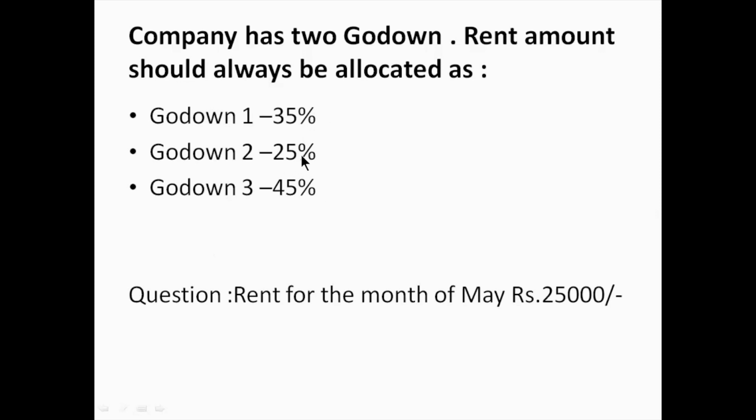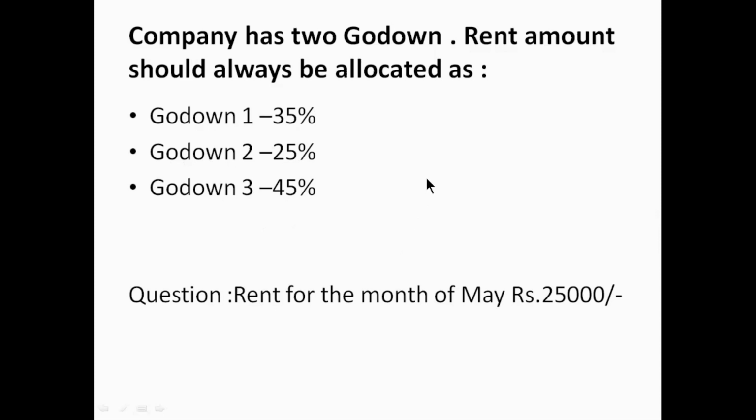Godown 2's rent will be 25% and godown 3 will be 45%. So the question is, rent for the month of May is 25,000. So this 25,000 includes rent for all the three godowns, and this should be distributed as per the percentage given. So this is known as the predefined cost center entry.